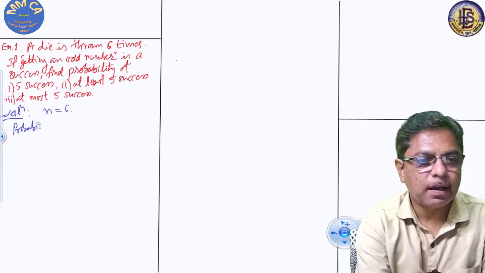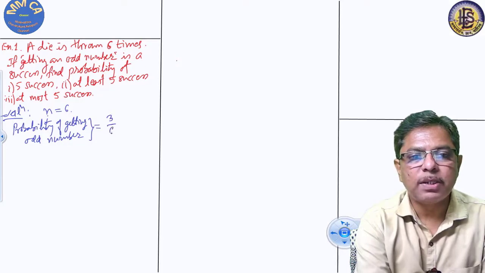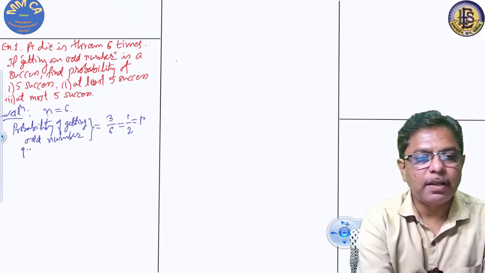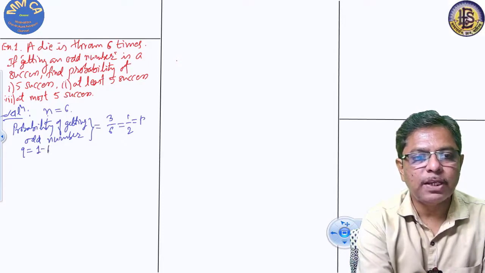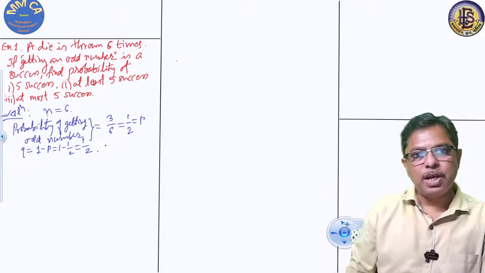There are total 3 odd numbers out of 6, so the probability of getting an odd number is 1/2. So the value of p is 1/2, and so we can find q. q is 1 minus p, which is 1 minus 1/2, equal to 1/2. So n is 6, p is 1/2, q is 1/2.